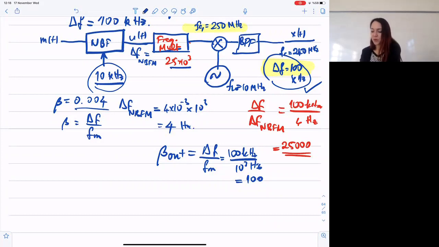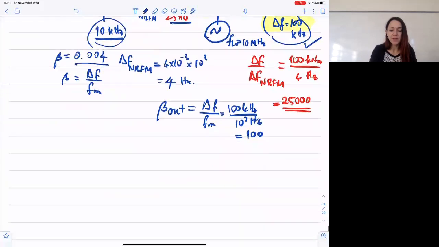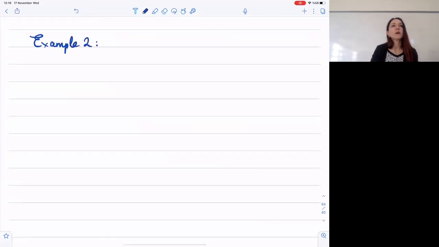Any other questions? Let's switch gears a little bit and work out an example, sort of going back to earlier lectures.